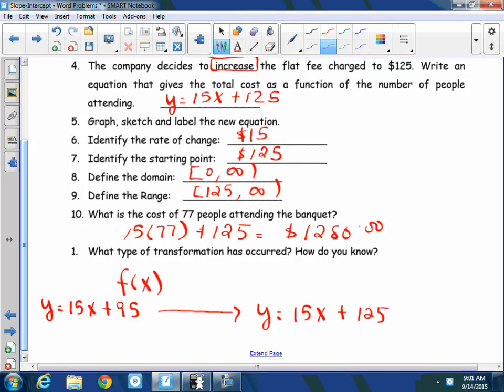So what did we do to it? You added 30. I added 30 to what? The y-intercept, which means I changed it to f of x plus 30, right? Because what is f of x? 15x plus 95, okay? And what did I do to it? I added 30 to it.